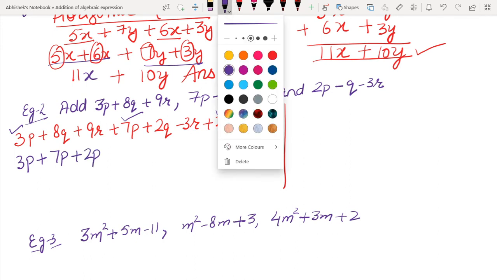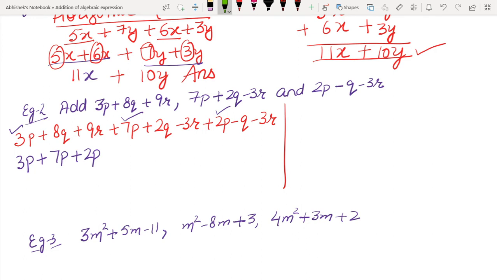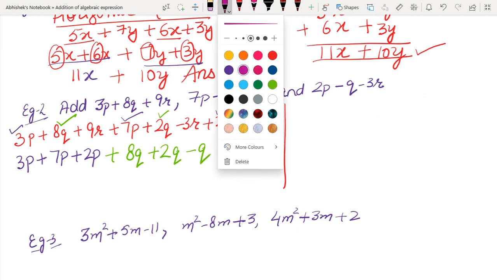Now see which are the next like terms. Next is 8q, 2q and minus q. It is 8q plus 2q minus q. What will be our next like terms?